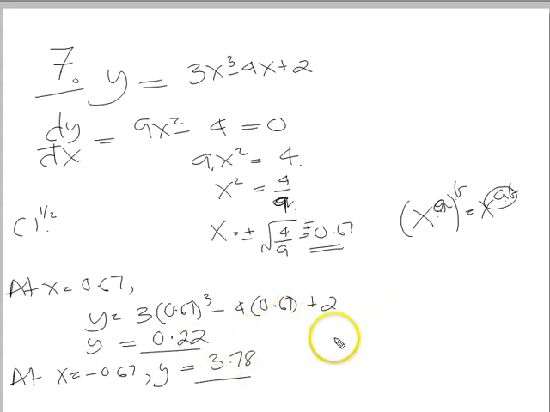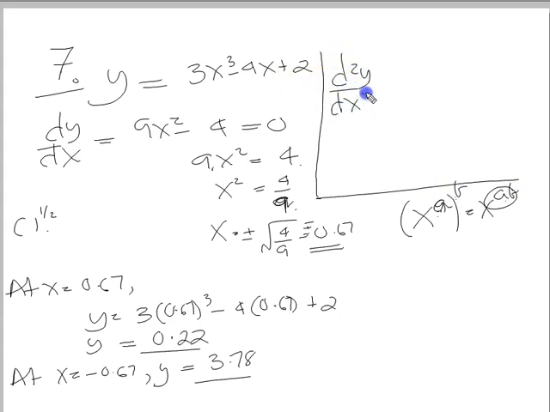Are they max or mins? Right, well I'll just work that out up here. So d2y/dx squared equals, differentiate dy/dx, you get 18x, don't you? So what does that equal? 18, when x is 0.67, what's it going to be? So x equals 0.67.